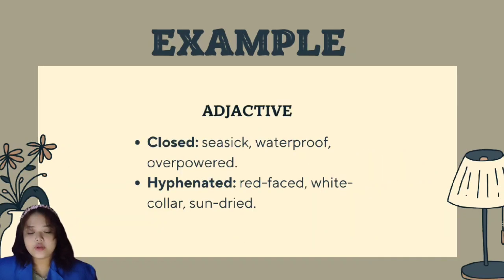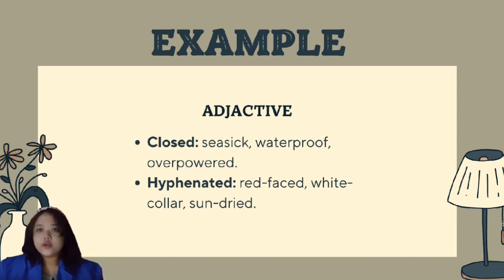And for adjective compounds, the closed ones are seasick, waterproof, overpowered. And the hyphenated ones are red-faced, white-collar, sun-dried. For an example sentence with a compound: my grandmother is coming over.